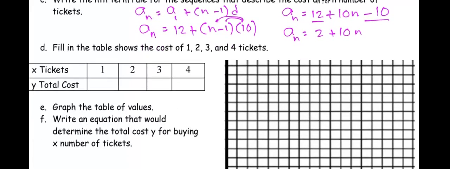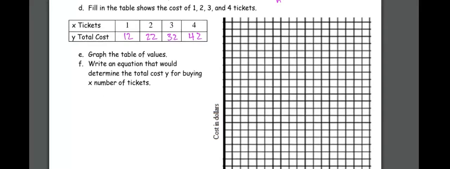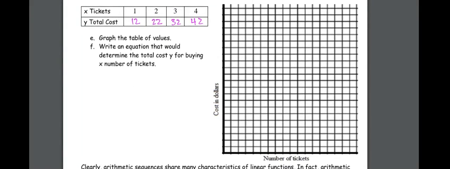Now, the question is asking you to find the cost, which is y, for x number of tickets in a table. The first ticket, we know that it's 12. The cost for 2 tickets is 22. The cost for 3 tickets is 32, and 4 tickets is 42, which we already found. Now we need to graph this table.